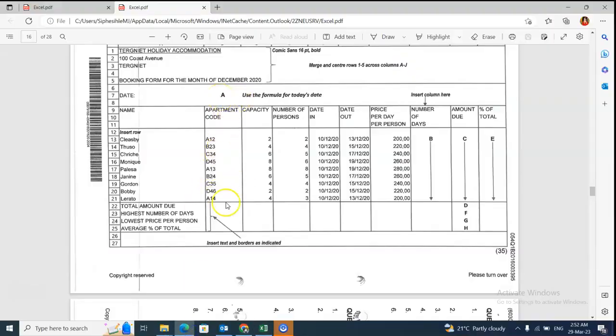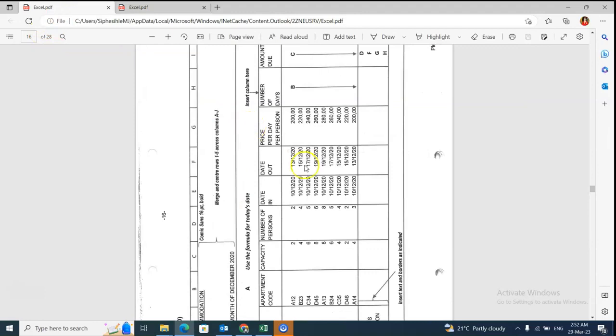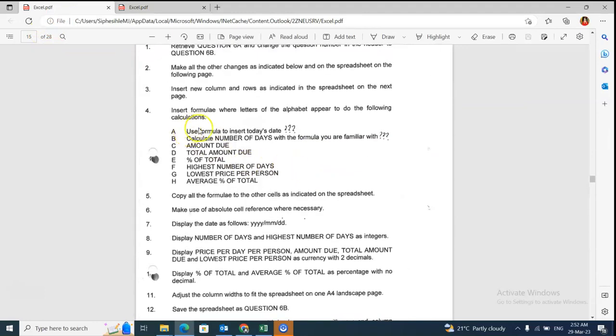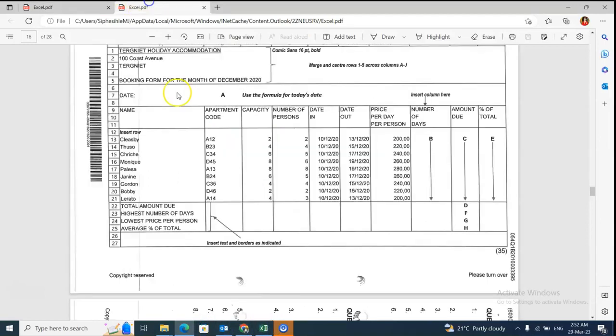Now, in A, they say, instruction number 4, insert formula where letters of the alphabet appear to do the following. Use formula to insert today's date in A, and they want it to be here.